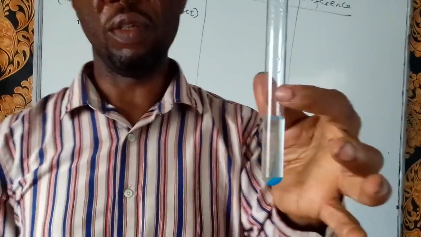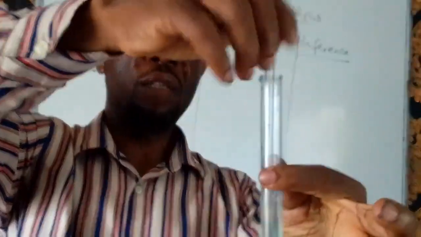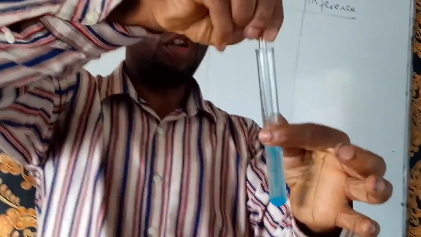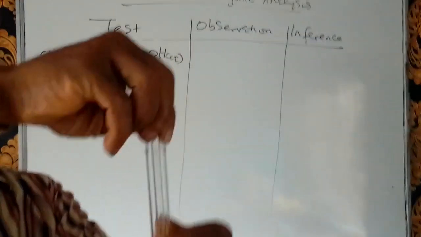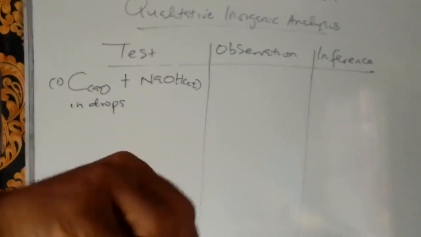So add a little water to dissolve the C. It's still insoluble in water. I'll now put a glass rod or a stirrer to make sure that C dissolves. Because if you look at the board, that C is in aqueous state. You can see the C is aqueous, that means C is in solution. So you don't test with solids. So make sure that C dissolves before we now carry out our test.